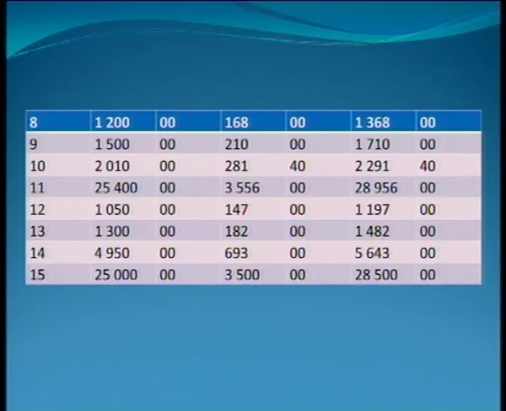Number 12 is 1,050. 147 is your VAT at 14%, and then altogether is 1,197. Number 13, your exclusive amount is 1,300. Your VAT on 1,300 is 182. All inclusive is 1,482.